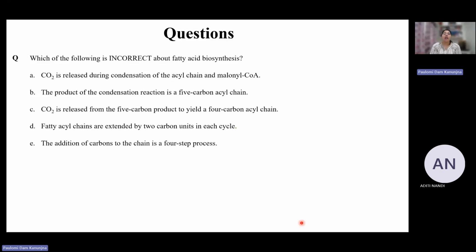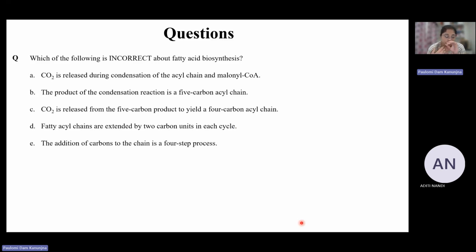Okay, next one. Now, next it asks about the incorrect options out of these. The question says, which of these are incorrect?